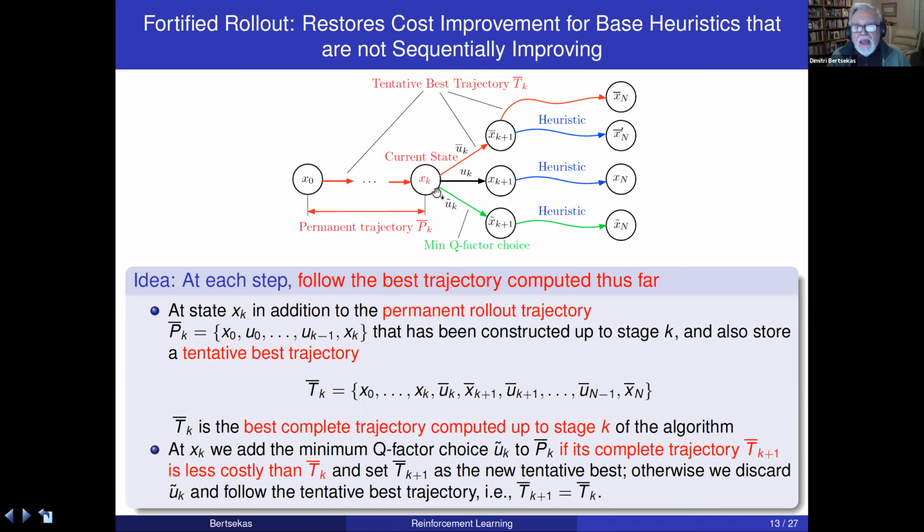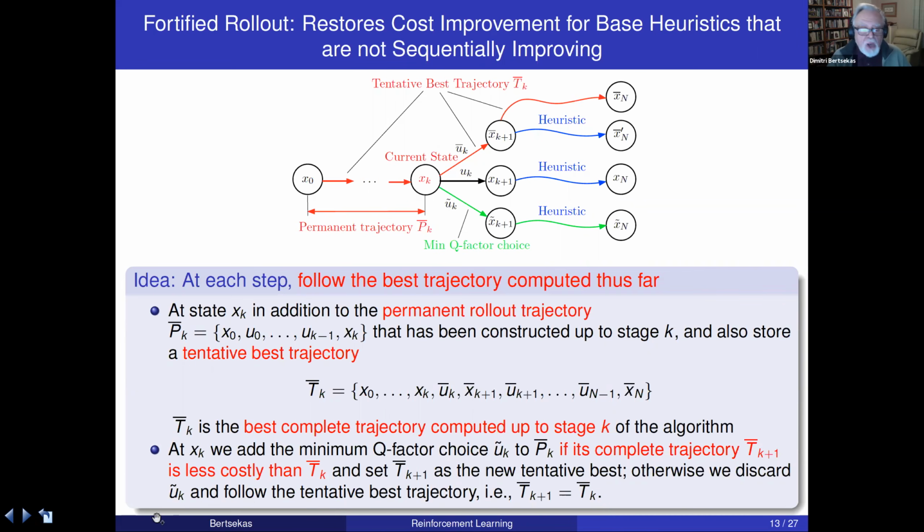On the other hand, if following the rollout algorithm along this green trajectory gives you an overall complete trajectory that's worse than what you had, then you just discard this rollout control and continue to use the one dictated by the tentative best. That's what this long bullet says here. At xk, we adopt the minimum Q factor choice if its complete trajectory is less costly than T bar k, if this green trajectory is less costly than the red trajectory.